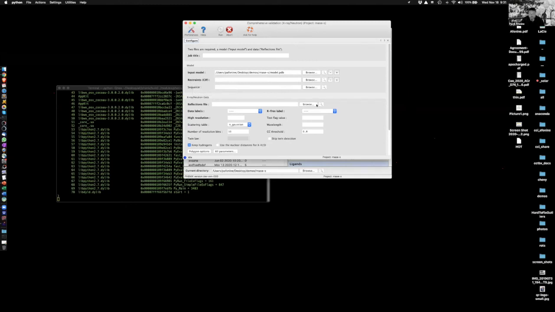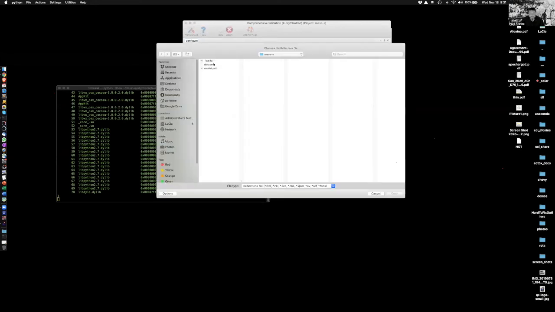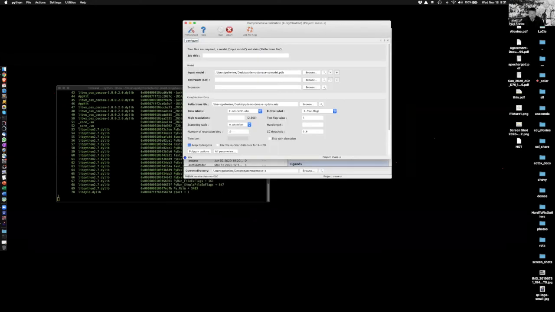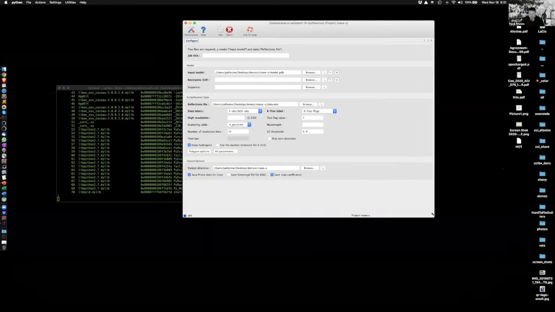So we give it a reflection file. And that's pretty much all you need to set up for the validation. The rest is just for your information: what's being used as data, R-free flags, and so on. So we are good to go.